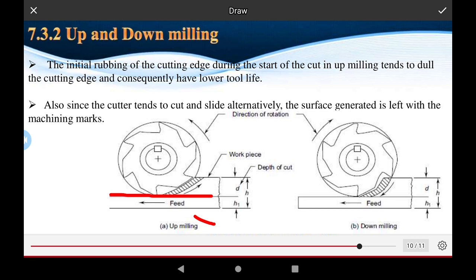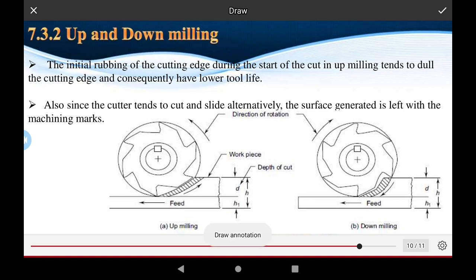This is the feed rate, the feed direction of the tool, and the tool is mounted on the shaft. A key is provided to help hold the tool on the shaft, and it provides a strong force for holding the cutters on the shaft.